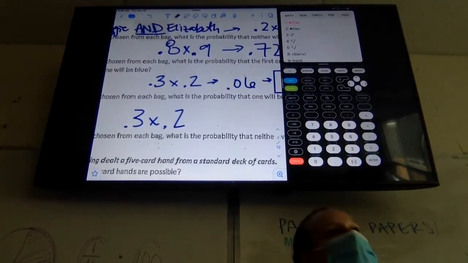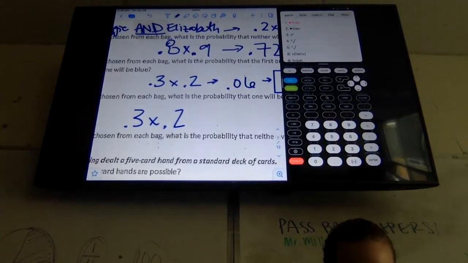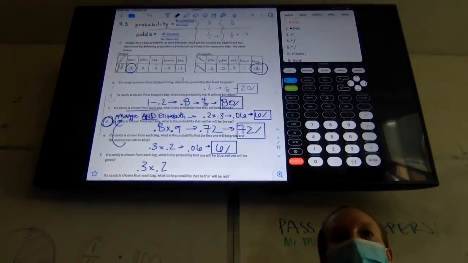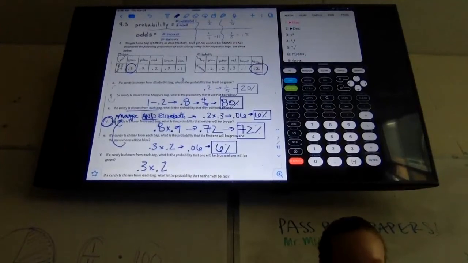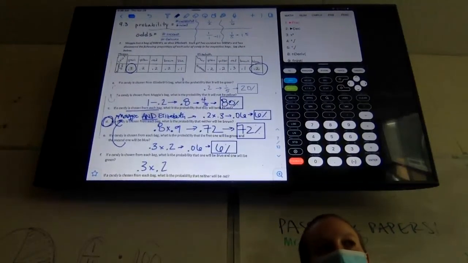However, this time it just says we need a green and a blue, so it doesn't matter what order we plug them in. So I'm gonna have another set of probability. That's what happens if I get a green from Elizabeth and a blue from Maggie. What's the proportion that I would get a green from Elizabeth? 0.2.